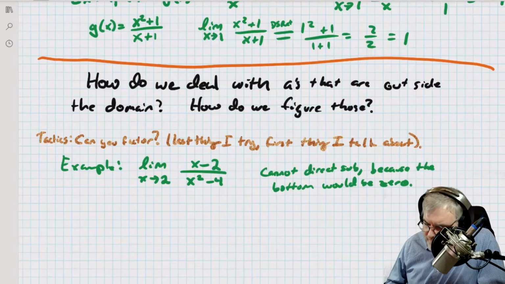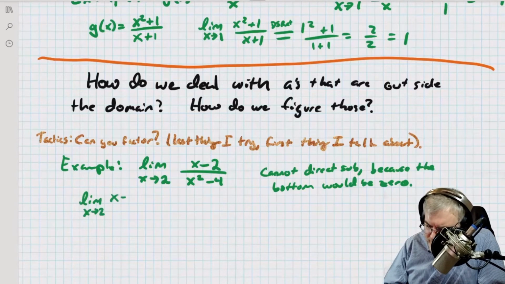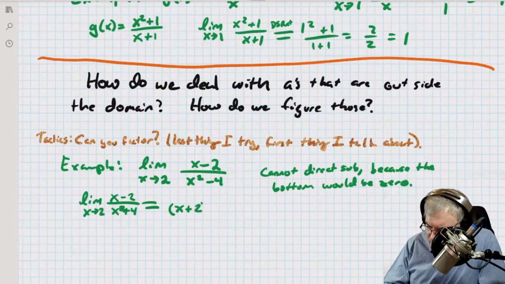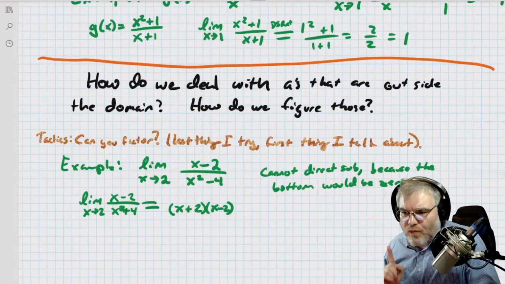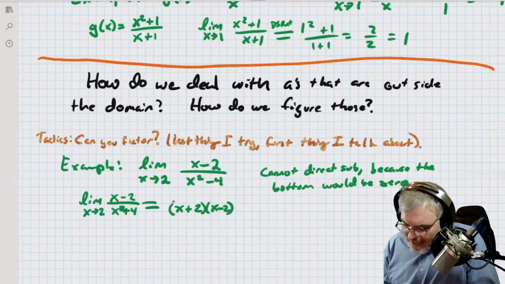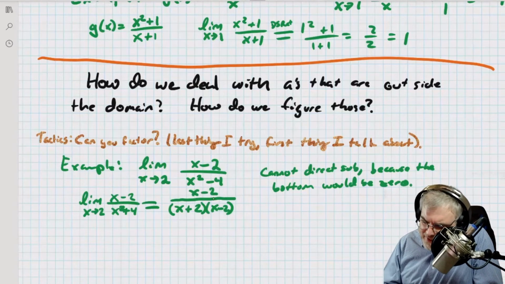Well, I can factor this, right? The limit as x goes to 2 of x minus 2 over x squared minus 4 equals, well, x squared minus 4 is a difference of squares, x plus 2, x minus 2. And by the way, that difference of squares trick, you're going to want it because you can actually do it in more places than you think you can. You can do that in a whole bunch of very cool places. So I've got x minus 2 over that.